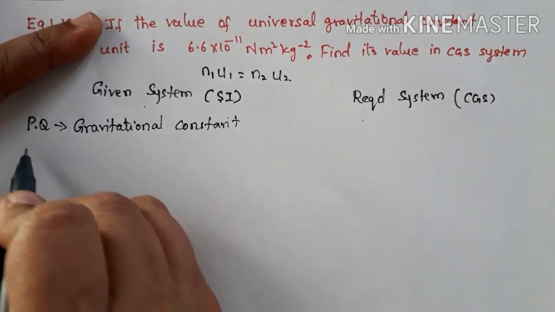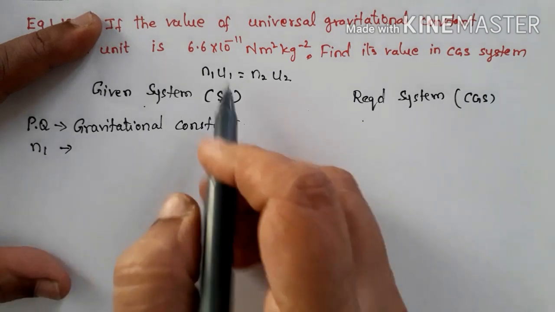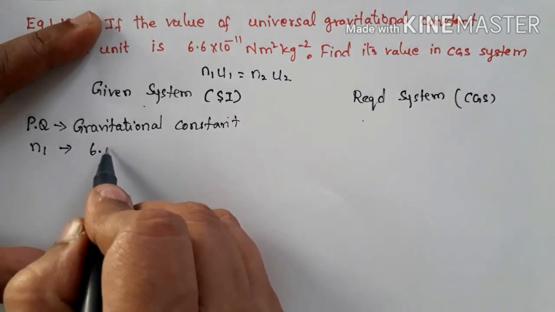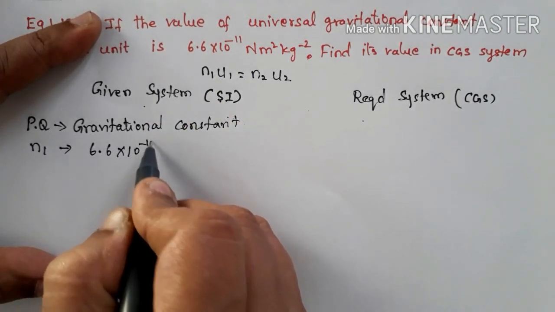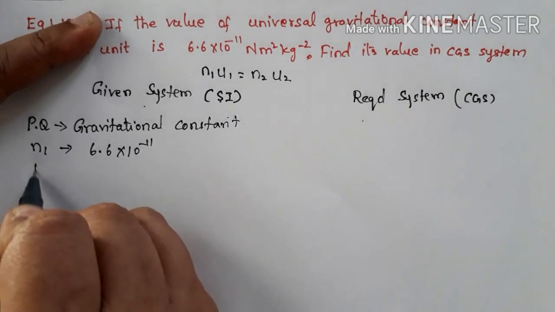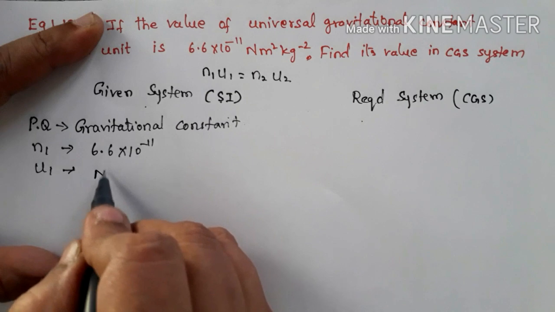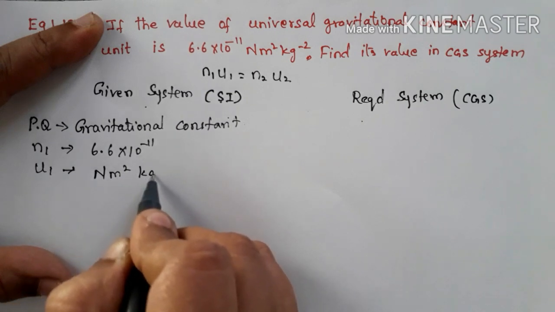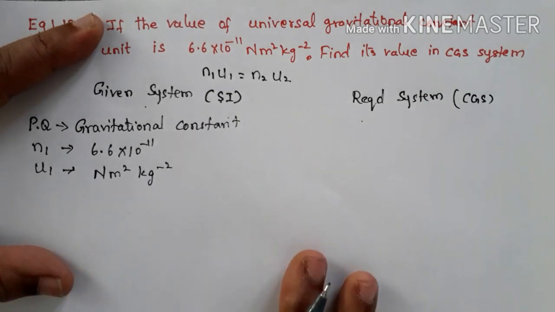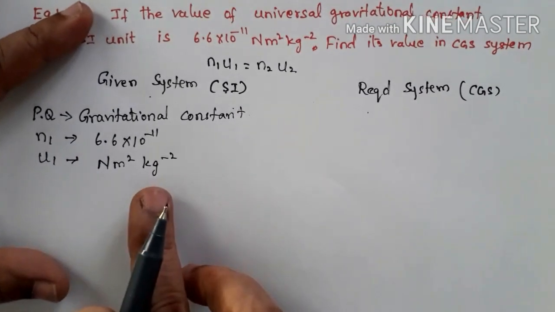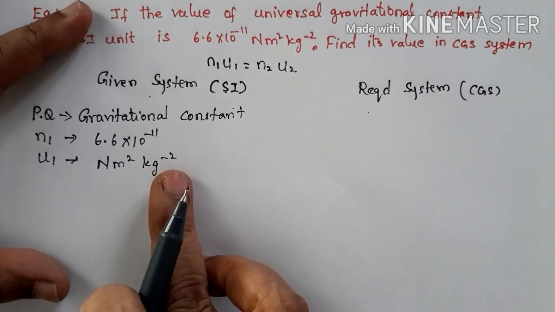Now, what is the numerical value involved here? It is 6.6 into 10 power minus 11. What is the unit involved in this given system? Newton meter square per kilogram square, that is, kg power minus 2.